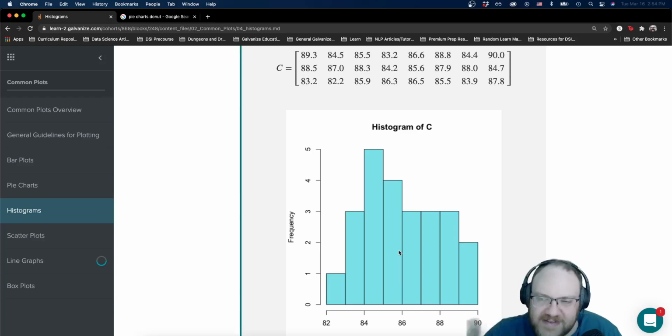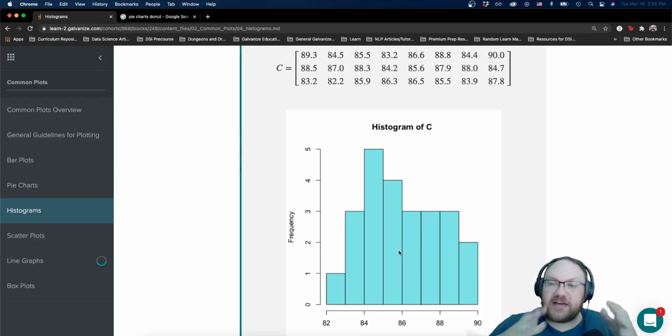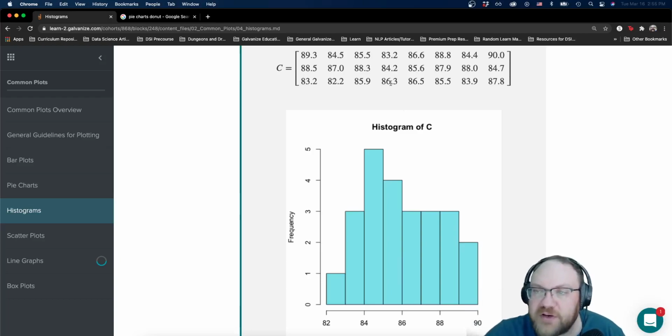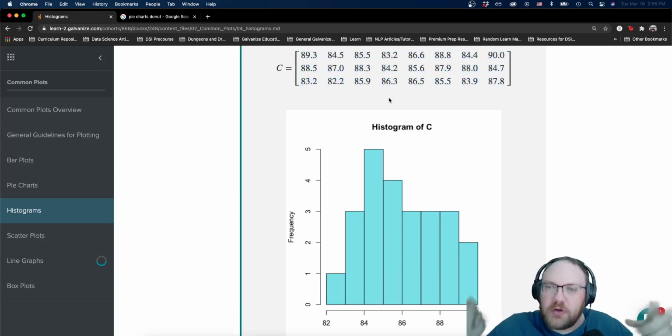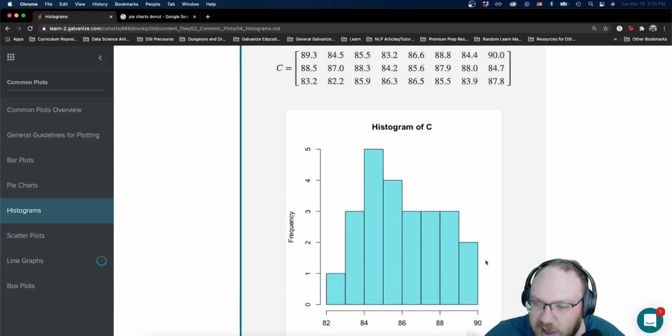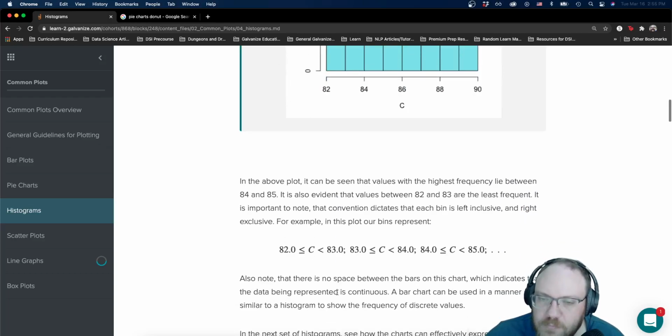We can't say it's exactly that way, but we can see that it's in that ballpark. This gives me an idea of how my data is distributed. You'll often hear us refer to a data set as a distribution, and this is what we're talking about, how these values are distributed across the range of possible values or measurements that were taken.